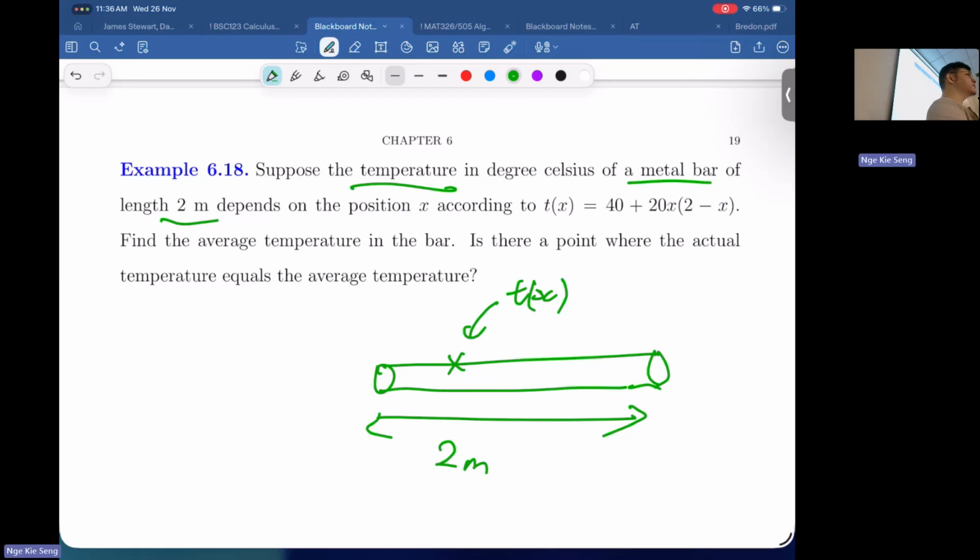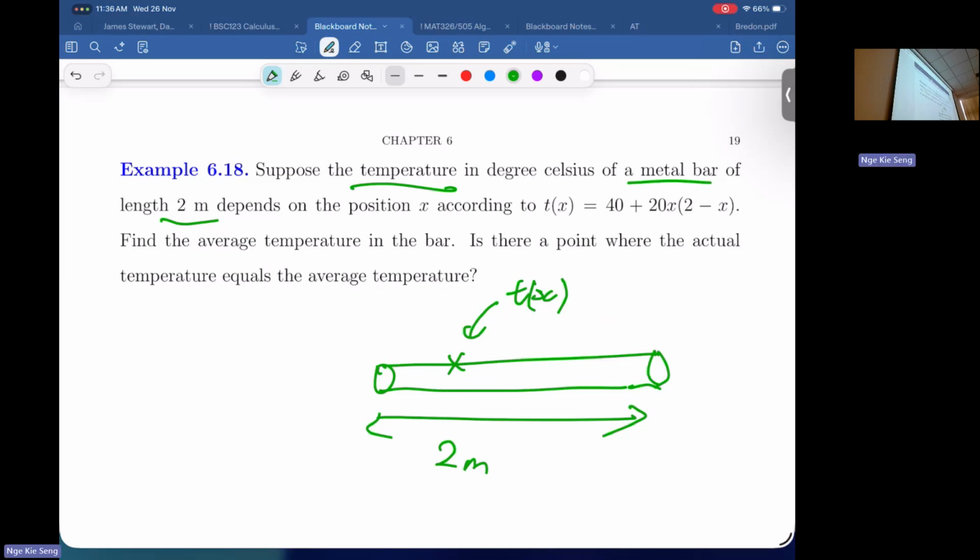Does it make sense? Or do you think that, let's say, this phone, right? Is the temperature the same everywhere? Why? Maybe if you put it to the aircon, do you think that one side is cooler than the other side?